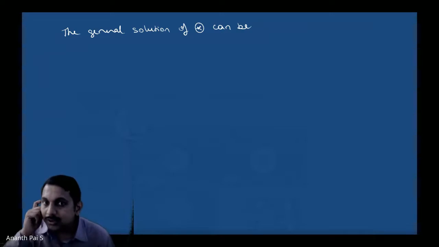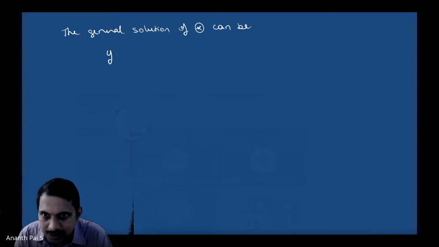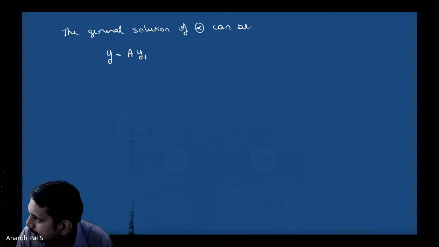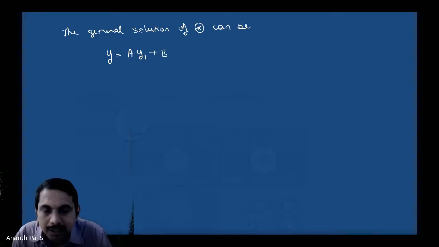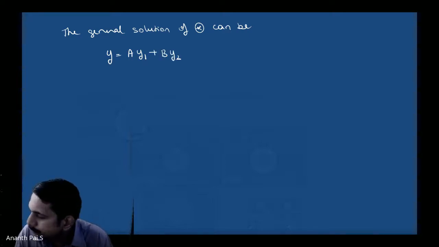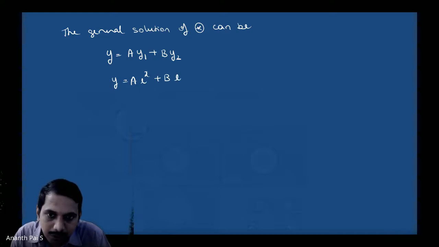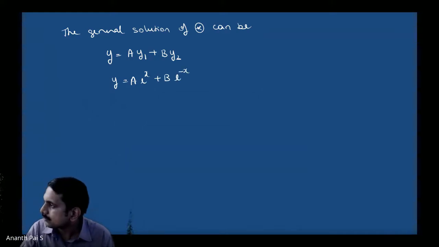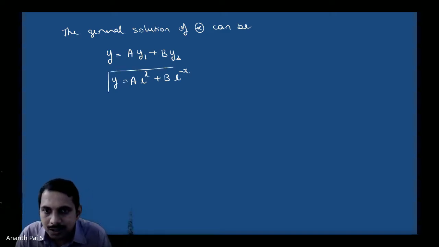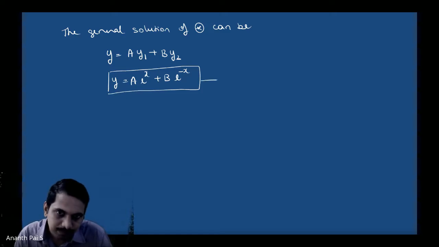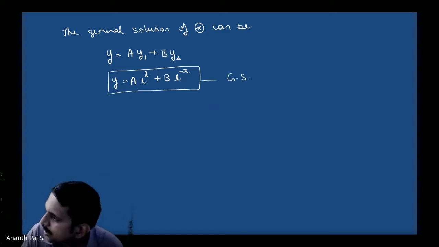So the general solution of star can be y is equal to some arbitrary constant a into y1 plus b into y2, where y can be a into y1, which is e power plus x, plus b into e power minus x. Make sense? So this forms the general solution.